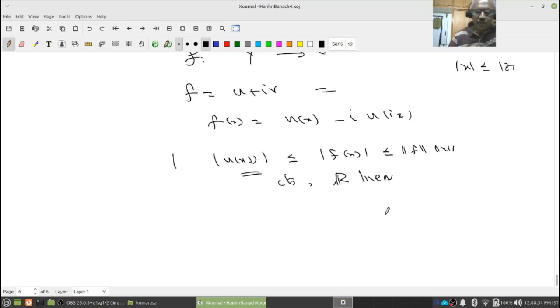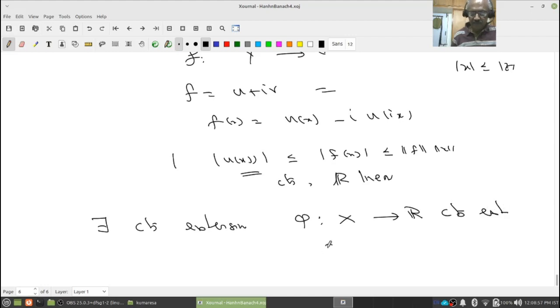Therefore, what do I know? I know that there exists a continuous extension. I don't want to use capital U, because it will be difficult to make sense. So let me call the continuous extension phi from X to R, so that phi restricted to Y is u.